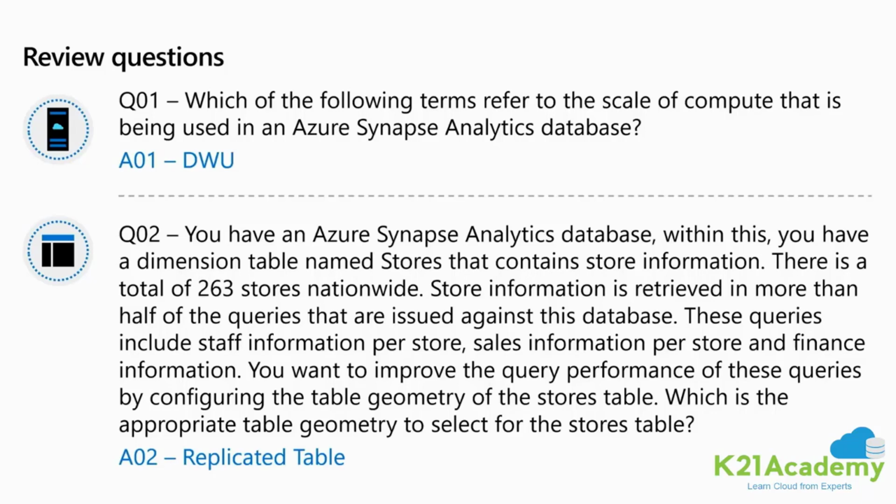Just FYI, a replicated table is used when we have a huge read requirement. So if there are 260 stores nationwide and all of them are retrieving the data from this one particular table, then because of the huge read requirement, the most suitable type of table to create will be a replicated table. That's the answer.